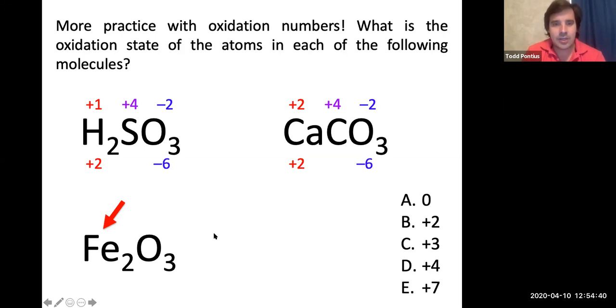So each oxygen is -2 for a total of -6, which means that each iron must be +3 because the iron total has to be +6. We have a question. We're just looking at the individual atoms. So whenever you're asked about what the oxidation number on something is, we're looking at the individual atoms here. Good question, very good question.